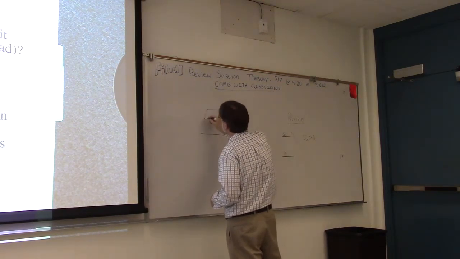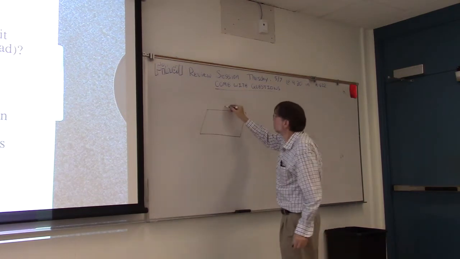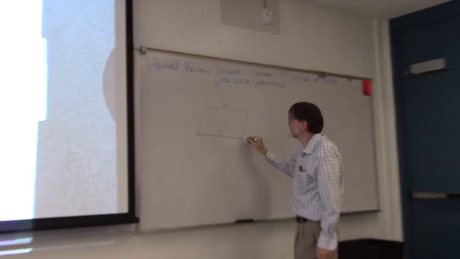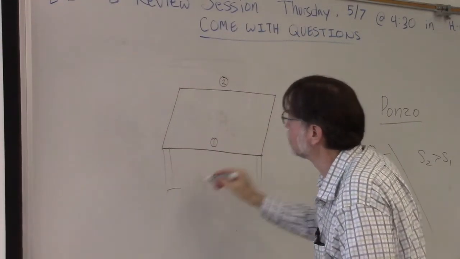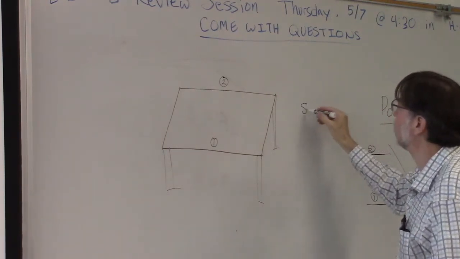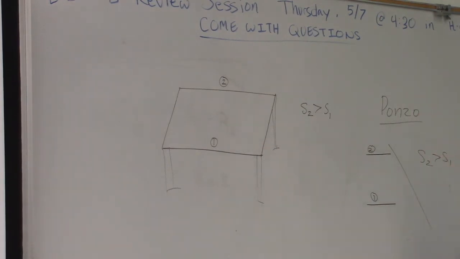So if I draw a proper parallelogram, line 2 and line 1 should look the same, but if we make it three-dimensional, we add legs to it, make it a three-dimensional picture, then S2 is greater than S1, even though the physical sizes are equal.